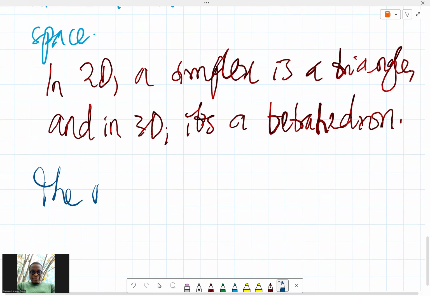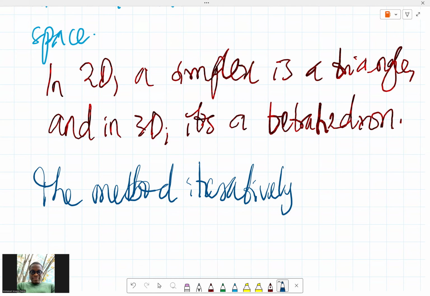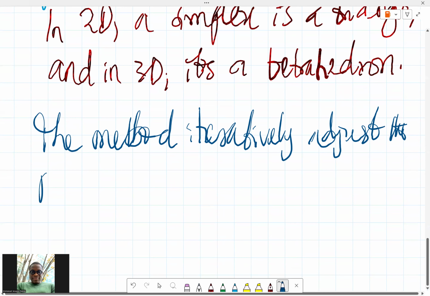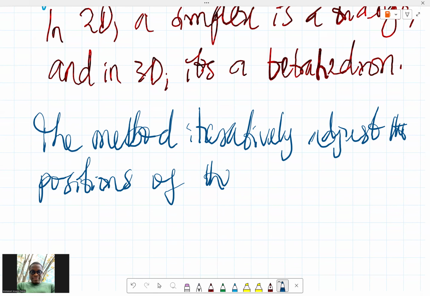The method iteratively adjusts the positions of these vertices. So if you're looking for X and Y, for instance, you're going to be given three positions on a graph, which you can work with, as you're going to see very soon.